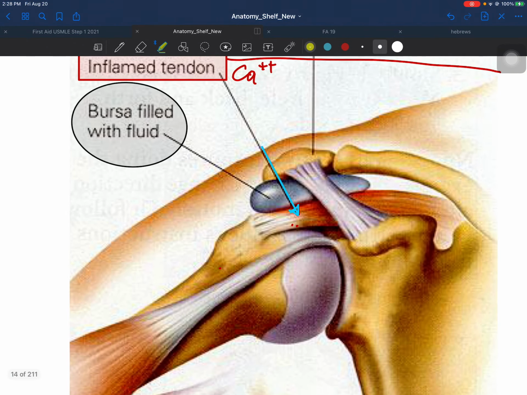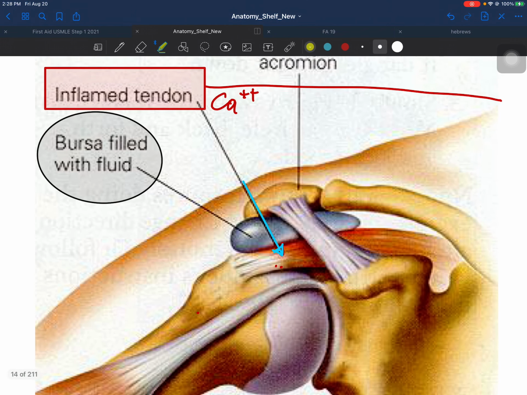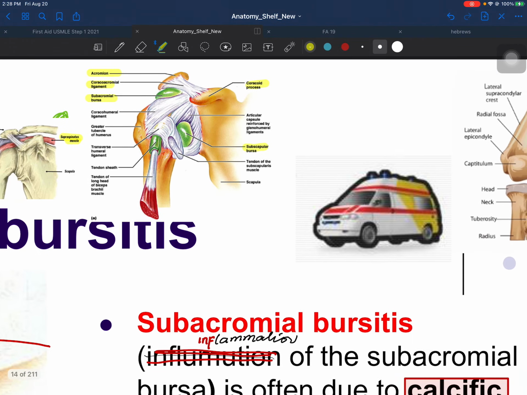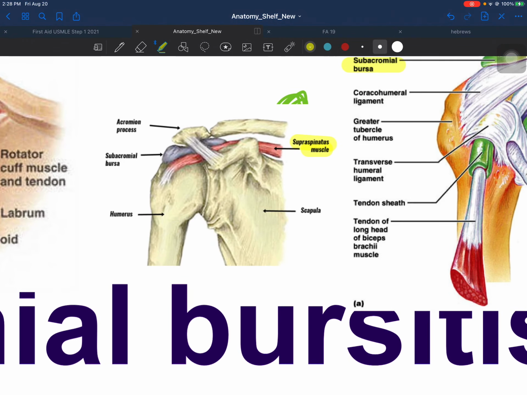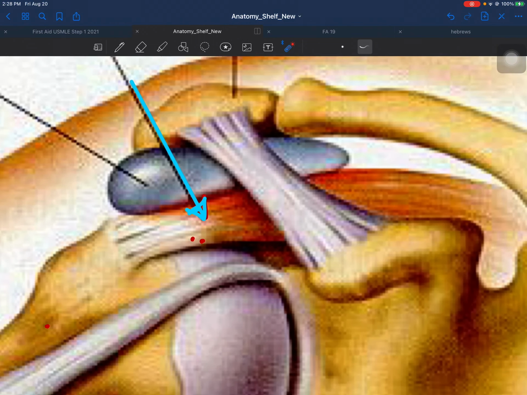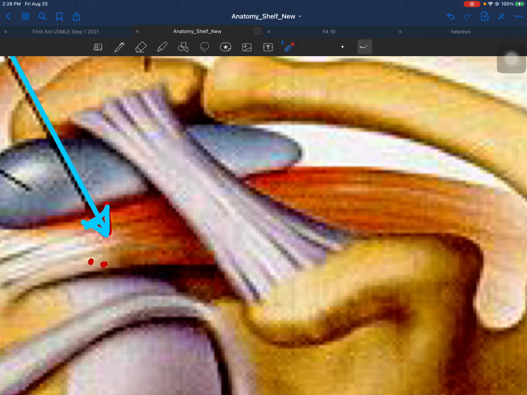Okay, so now let's go to the real thing. So here it is. As you see, the inflamed tendon, which is the supraspinatus tendon, is this one here, which is in this picture here. You see where it is? This is the one that we have here in this picture. So I will just write it there so that we will have it here.